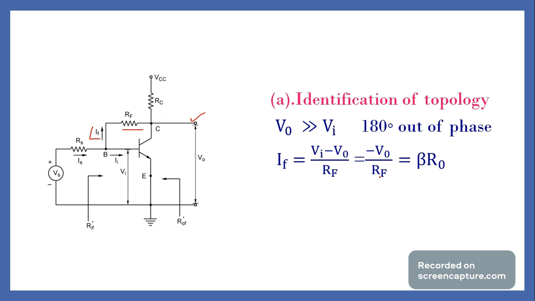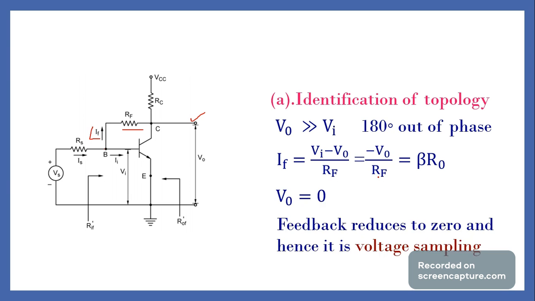So IF is V naught by RF, which is nothing but beta times V naught. If V naught becomes zero, the entire feedback current becomes zero, and that's why it is voltage sampling.